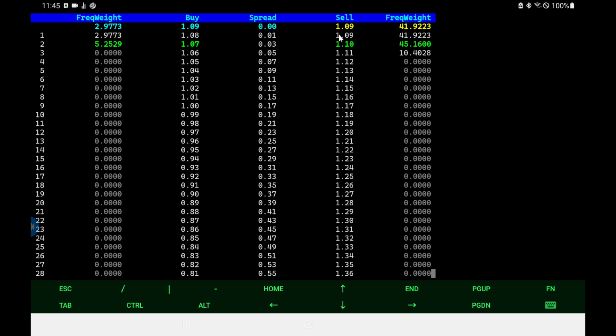We can see the distance between the expected value of where the order book is currently weighted and the ticker value, and how that differs from the ticker value and the expected lower boundary or the lowest level of buy orders.